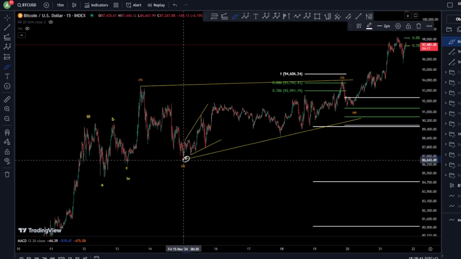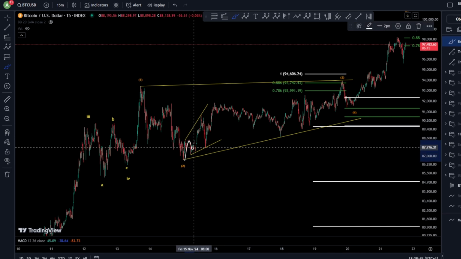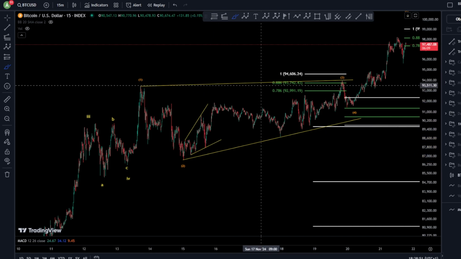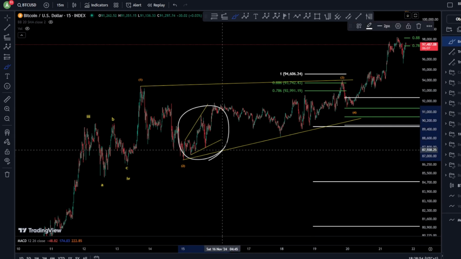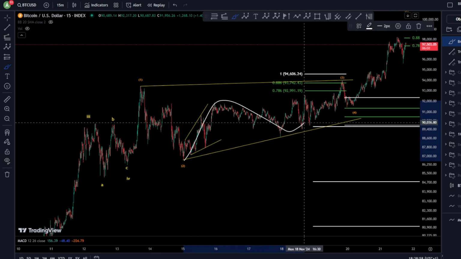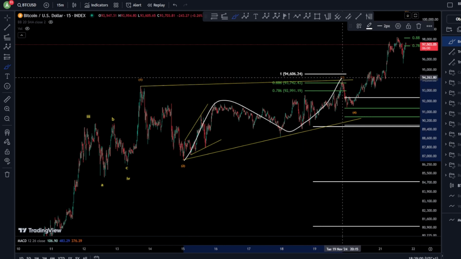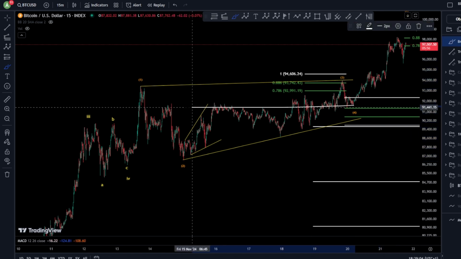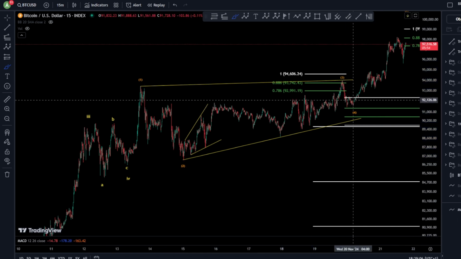So in that case, if it has started from here, I have to consider this as an expanding diagonal, which is the last option, right? Until all scenarios fail, I have to consider this as an expanding diagonal and as a wave 1, 2. And then probably 3, 4 and a 5 maybe, but your wave 4 has also interfered, which is not allowed.